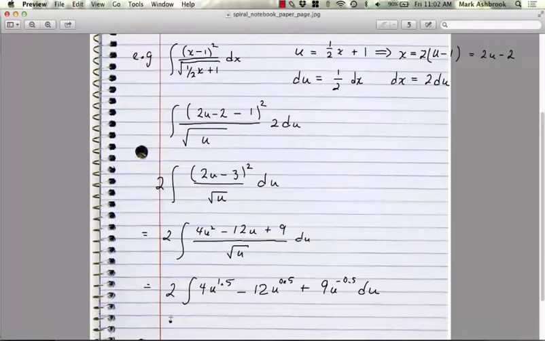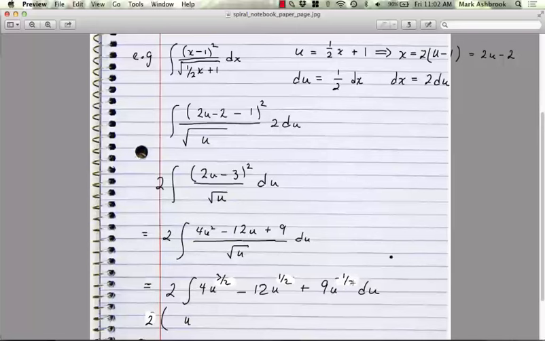Okay, so now that should be easy. It's going to be 8. Do we want to keep the 2 out or multiply it in? Leave it out. Okay, good enough. U to the 2.5. I should have done fractions: 3 halves, 1/2, negative 1/2. That's what we're used to when we do these antiderivatives.